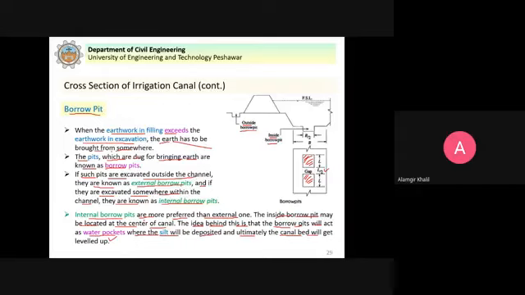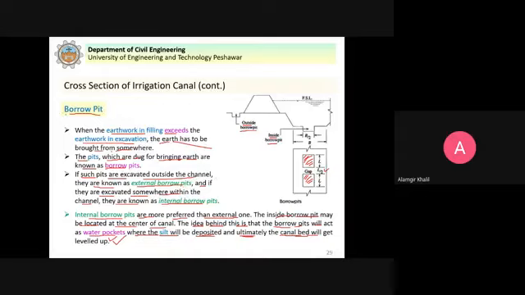So what is the idea behind these borrow pits inside the bed of the channel? These will act as water pockets, because the water that flows in the channel or canal carries silt. As the water stays in these pockets, the silt will be deposited, and with the passage of time, ultimately the canal bed will get leveled up.